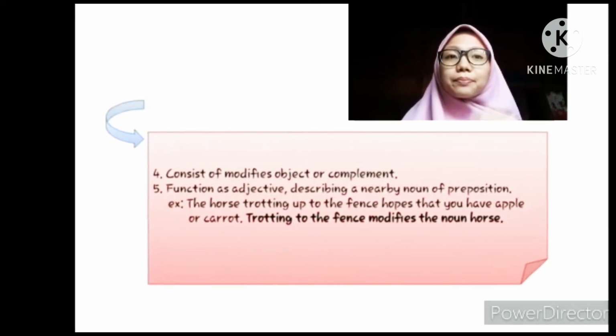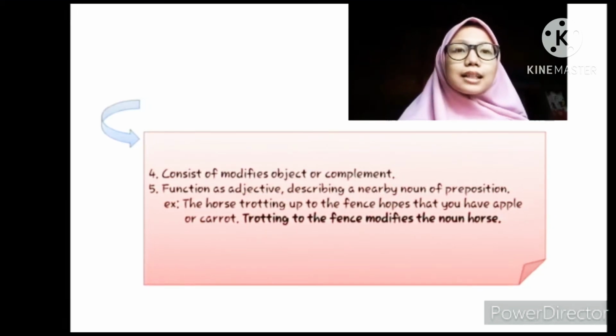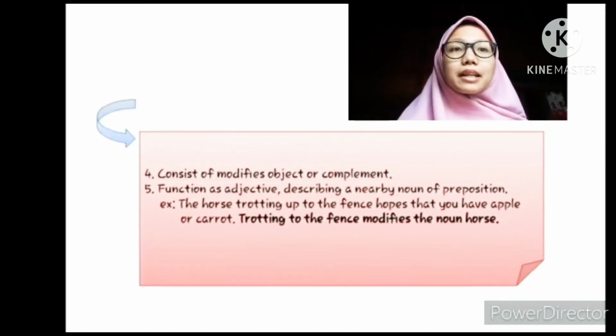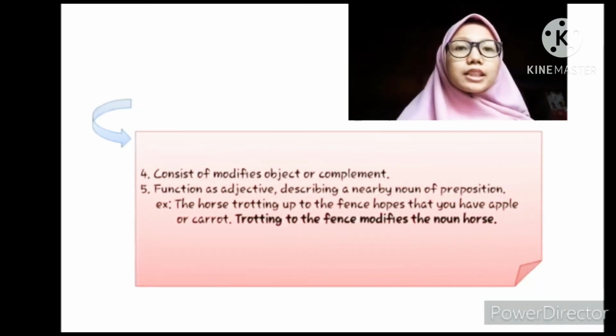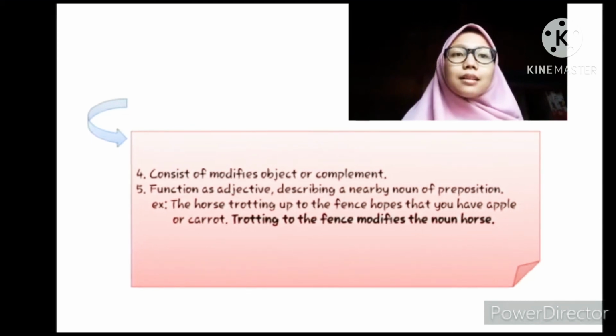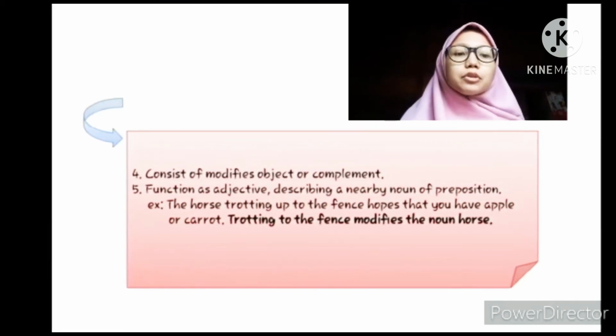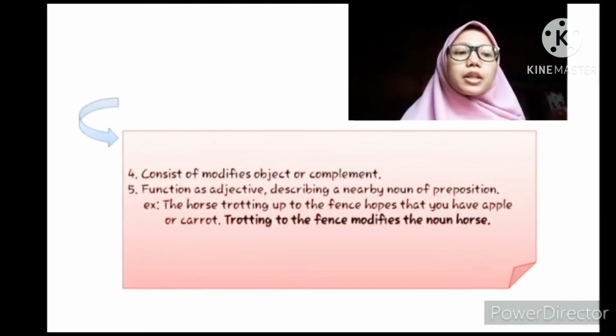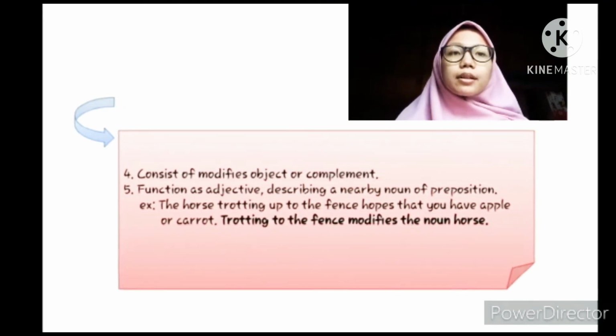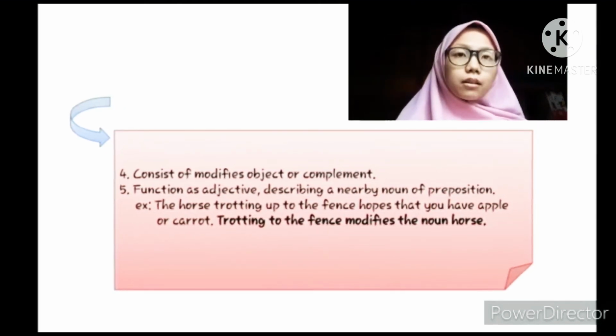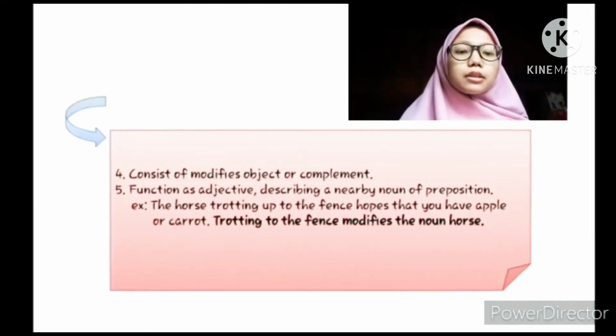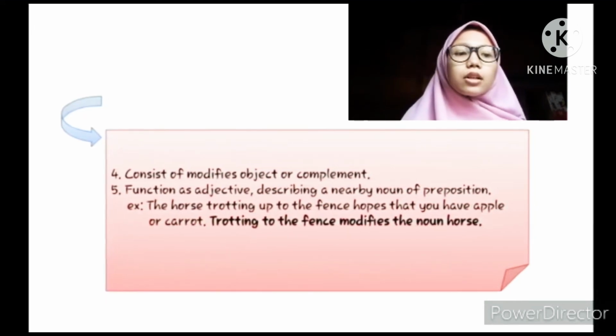Number 5, functions as an adjective describing a nearby noun or pronoun. For example, the horse trotting up to the fence hopes that you have a carrot or apple. Trotting up to the fence modifies the noun horse.